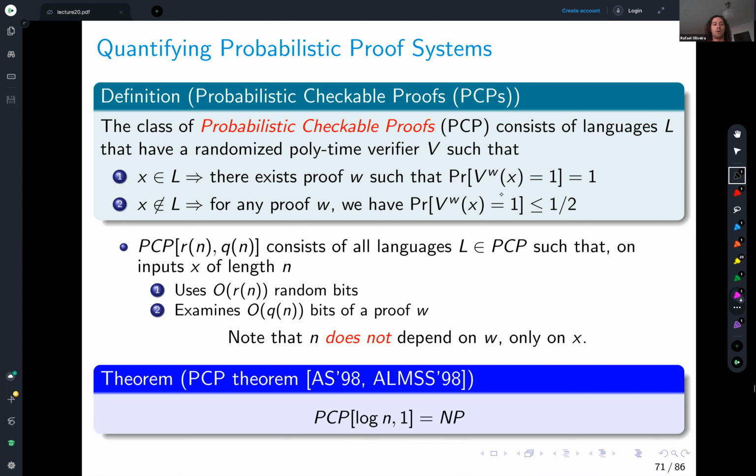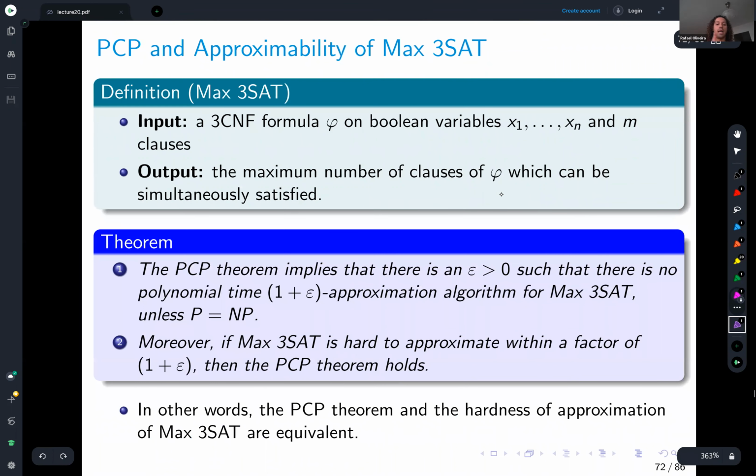And now the question is, why did you take this whole detour to talk about PCP? Sure, it's an amazing theorem, but how does this relate to hardness of approximation? Well, it turns out that the PCP theorem is one of the major technical tools to prove hardness of approximation results. So let's talk about it a little bit in the last minutes of the class.